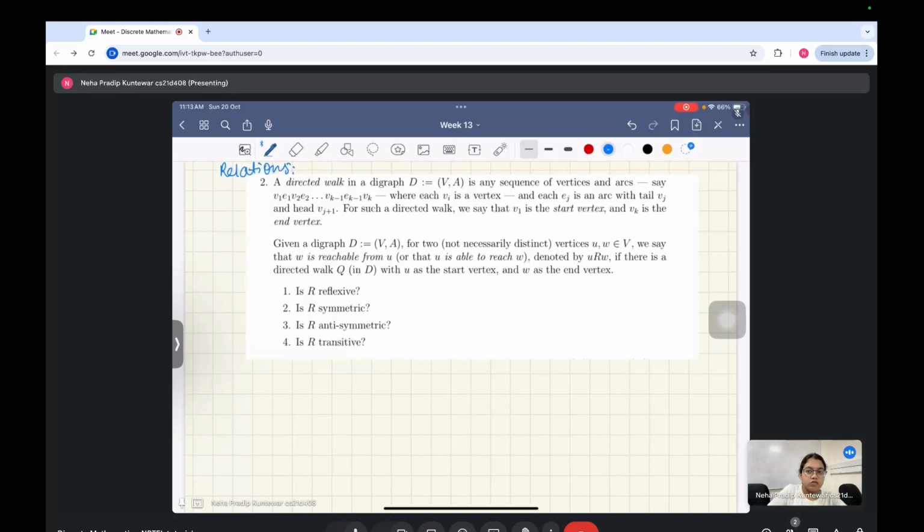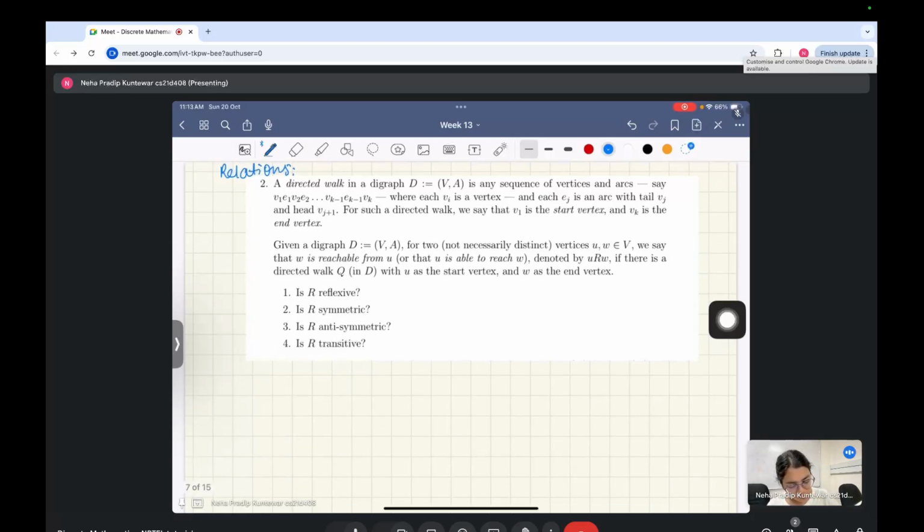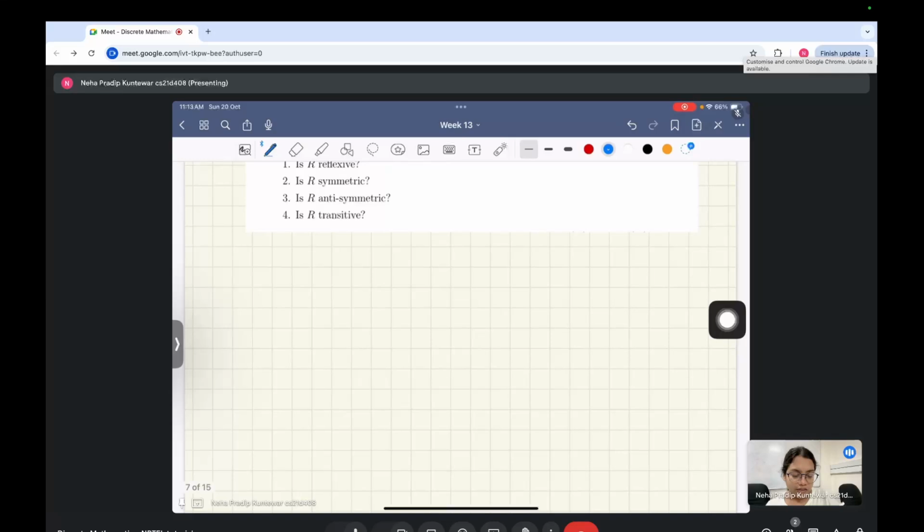So what we know is that a relation is nothing but a subset of the direct product of sets. So for example, I have a set S which is 1 2 3 4. And what is S cross S? S cross S is the direct product of the set S with itself.